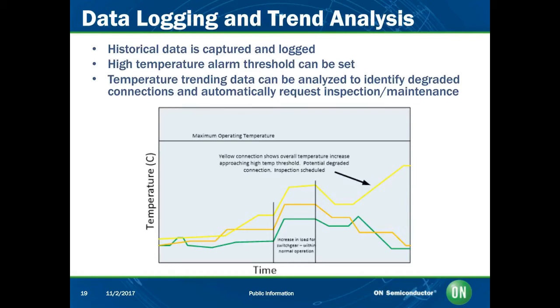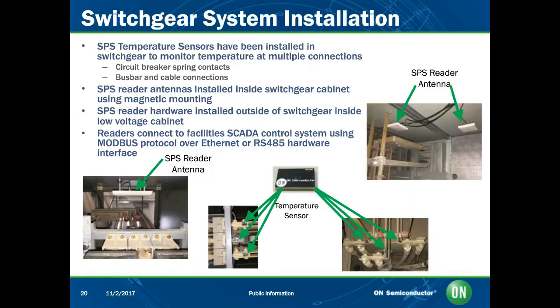That could be attributed to an increased load on the switchgear, so that could be within normal parameters, nothing to be concerned about. And then at some point, you see two of the phases start to drift back down to a normal nominal temperature, but the third phase, this yellow phase, starts to go up. So if you have the continual data and you can see the trending, you can raise the flag on that and do some inspection or maintenance before there's a catastrophic failure.